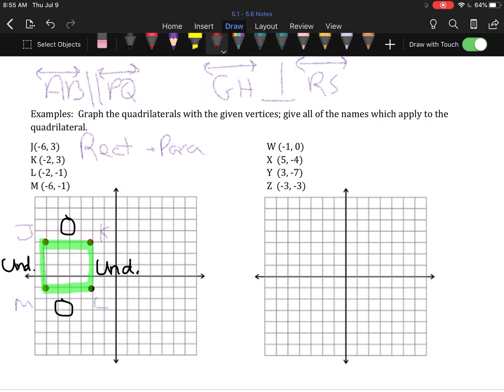Okay, next shape. W is at -1, 0, so that's left 1 and stay there. X is at 5, -4, so that is right 5, so 1, 2, 3, 4, 5, and down 4, which I should label these. So that was W, that's X. Y is at 3, -7, so right 1, 2, 3, down 1, 2, 3, 4, 5, 6, 7. It's at the very bottom.